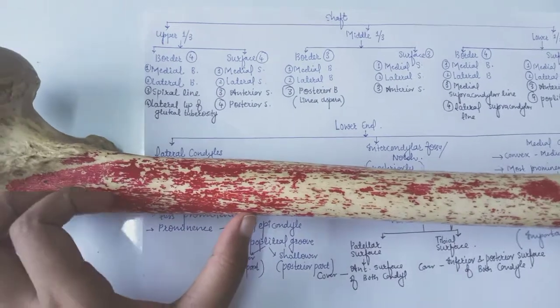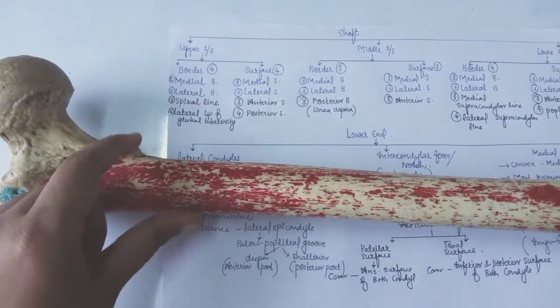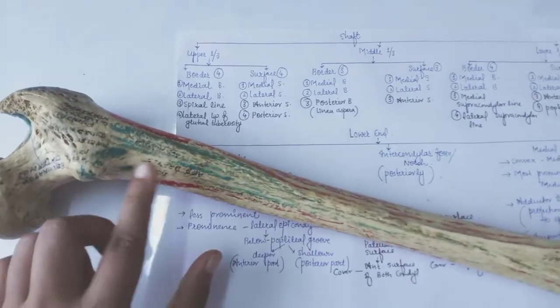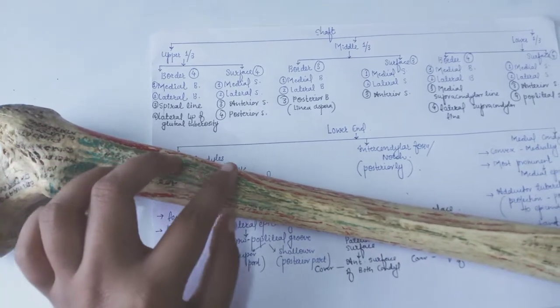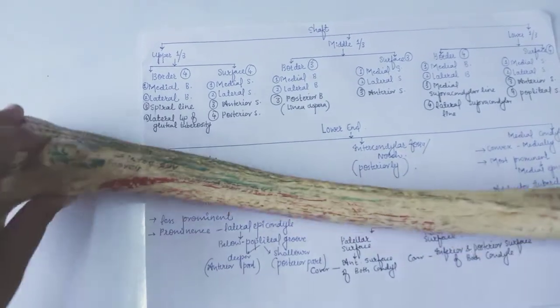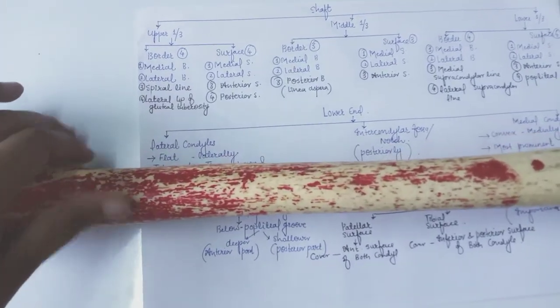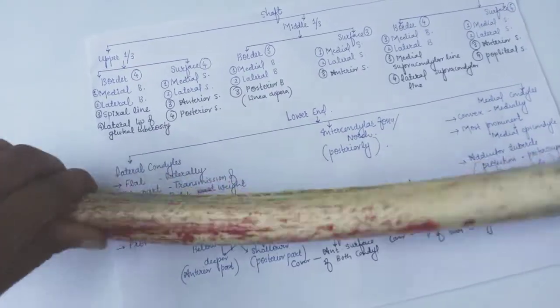At the upper one third: medial border, lateral border, then this one is the spiral border, and from this side the lateral lip of the gluteal tuberosity. It has 4 surfaces: medial surface, lateral surface, anterior surface and posterior surface. Then the middle one third.